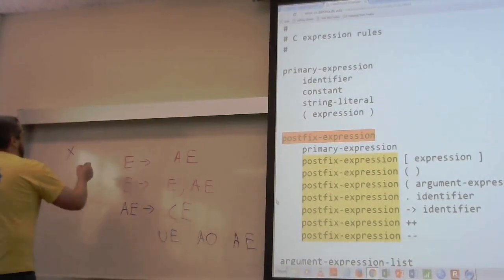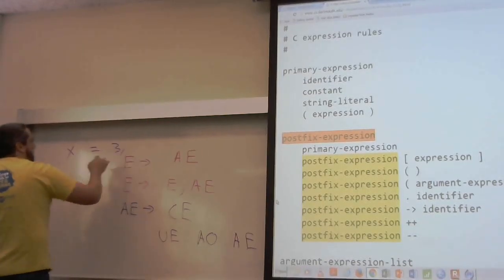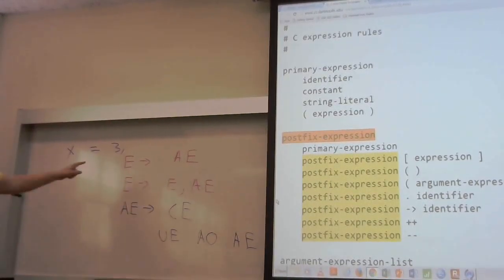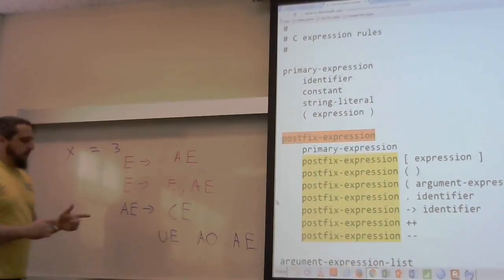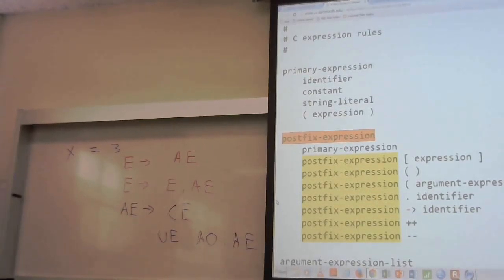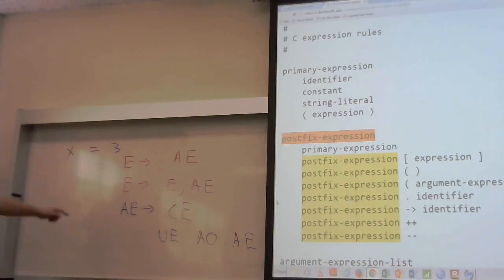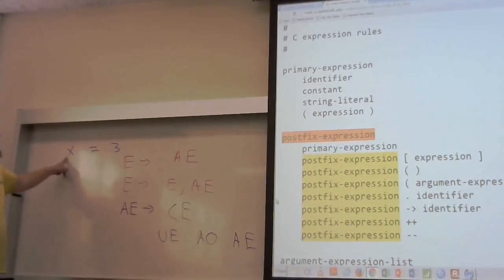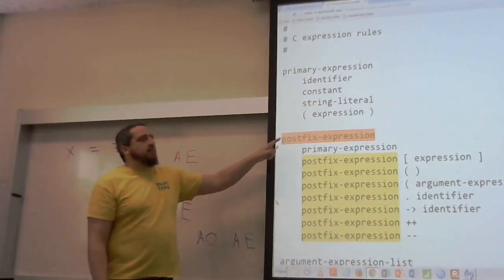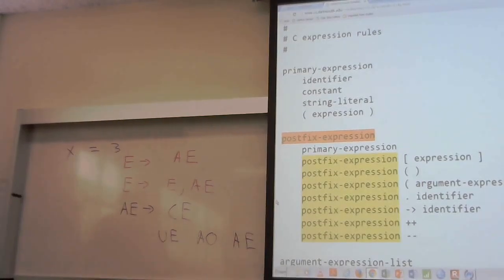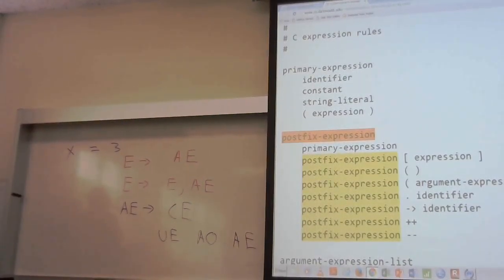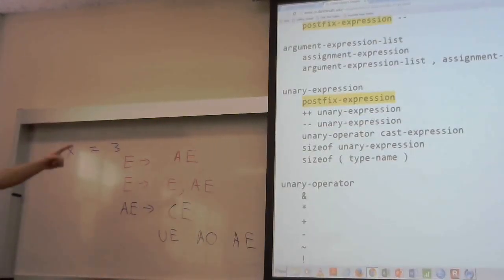If we want to validate that x equals 3, like so, probably don't have a semicolon in it at this point, we want to validate that this is a grammatically correct sentence. We start at the primary, we have the x as the identifier, which is a primary expression. The primary expression can become the postfix expression. The postfix expression gets used down here as part of the unary expression.